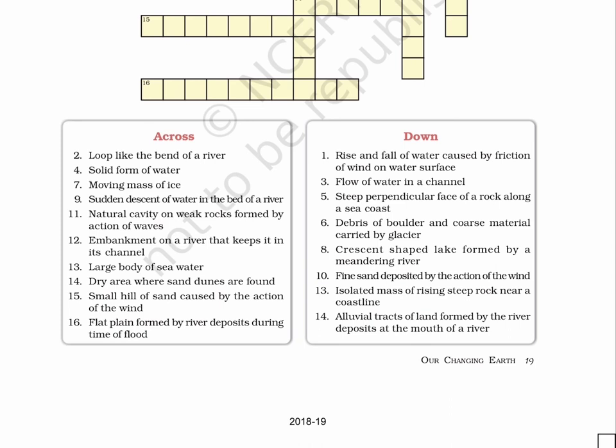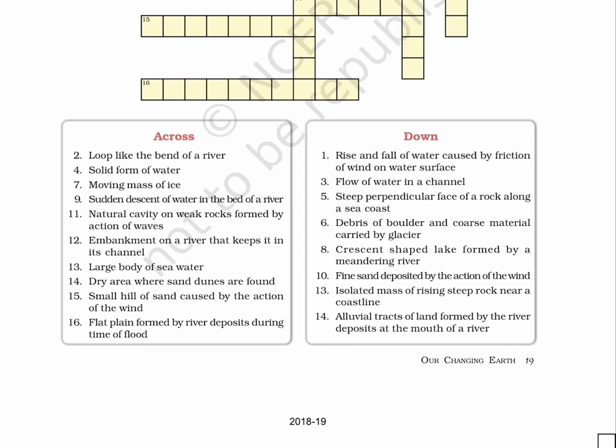Rise and fall of water caused by friction of wind on water surface. 3. Flow of water in a channel. 5. Steep perpendicular face of a rock along a sea coast. 6. Debris of boulder and coarse material carried by glacier. 8.